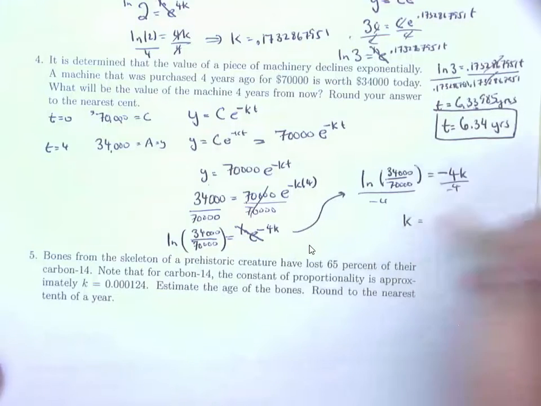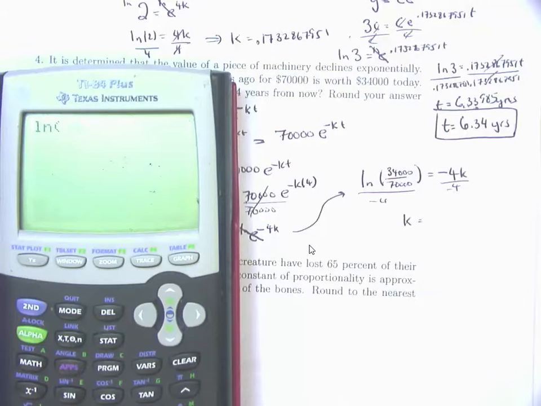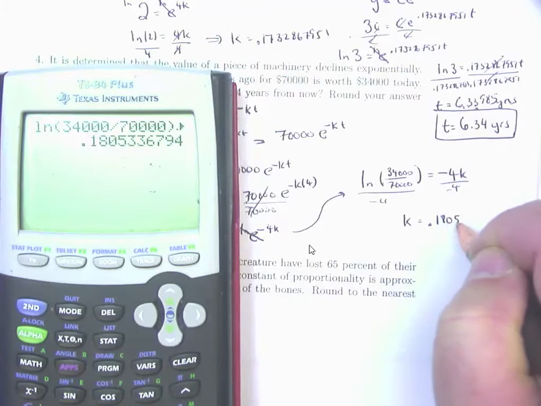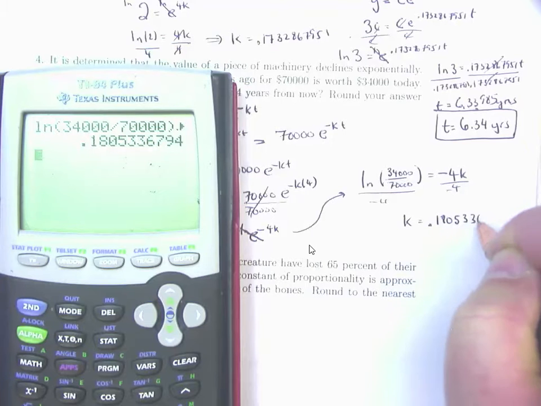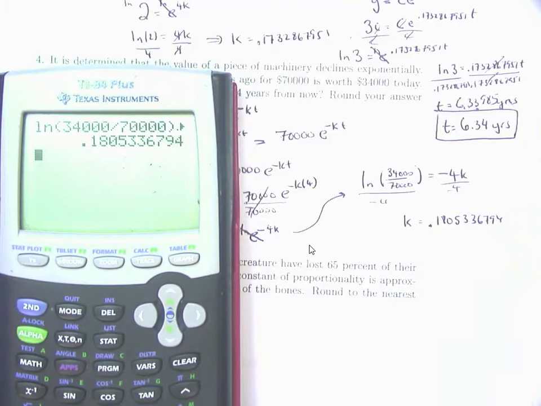And you get k to be equal to, putting this on my calculator, the natural log of 34,000 divided by 70,000, close parentheses, divided by negative 4. And I end up getting 0.1805336794. And again, I'm a big fan of no rounding, not until the final answer.